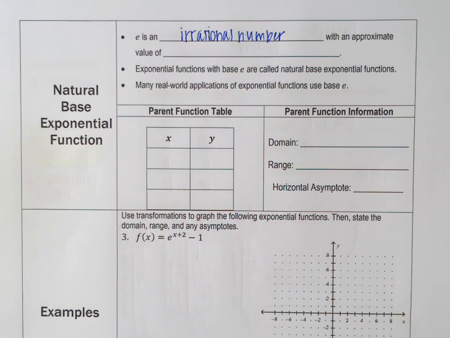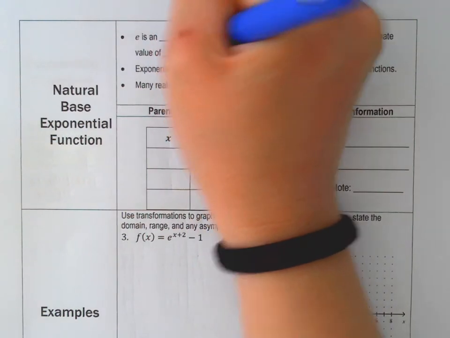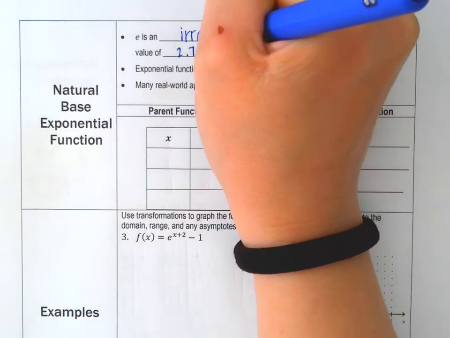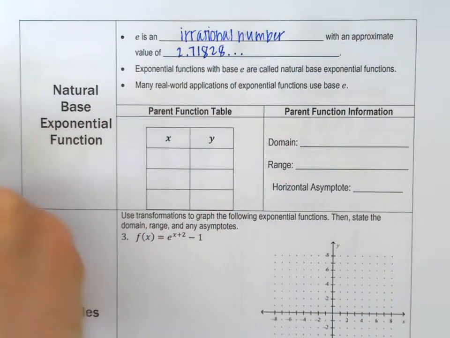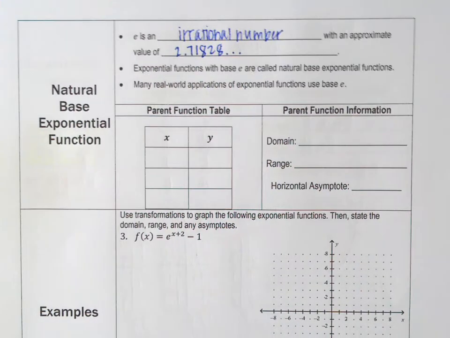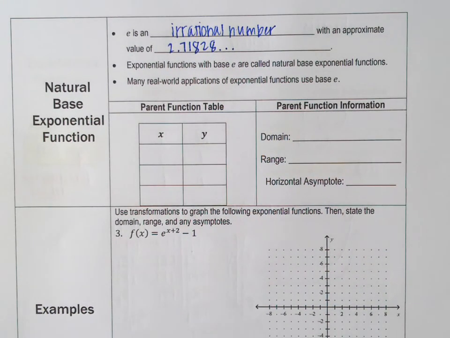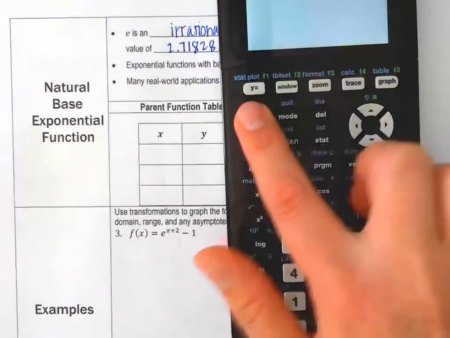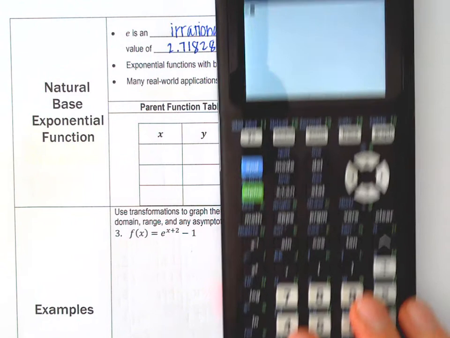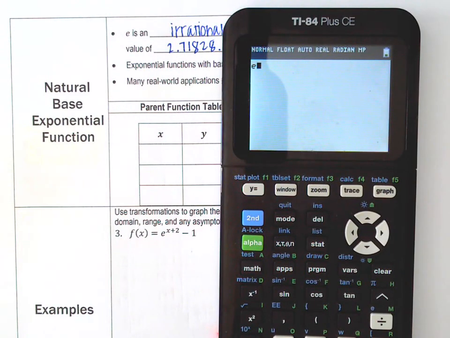So with an approximate value of 2.71828, so on and so on. If you look on your calculators, you have an e button. If you do second division, that's my e button. And as you see, there it is.